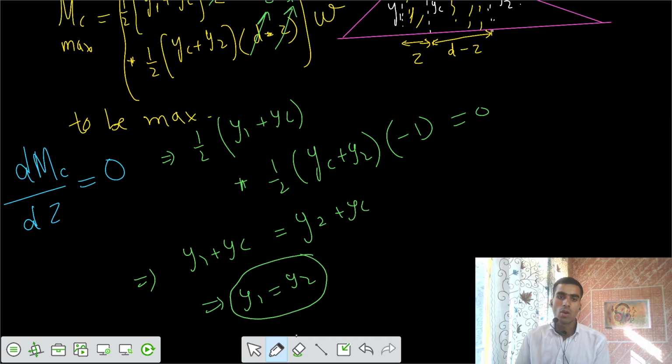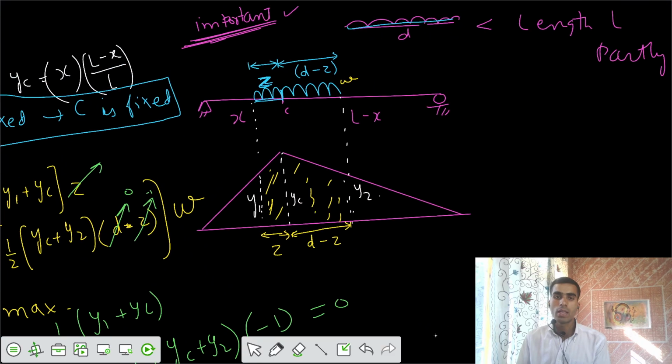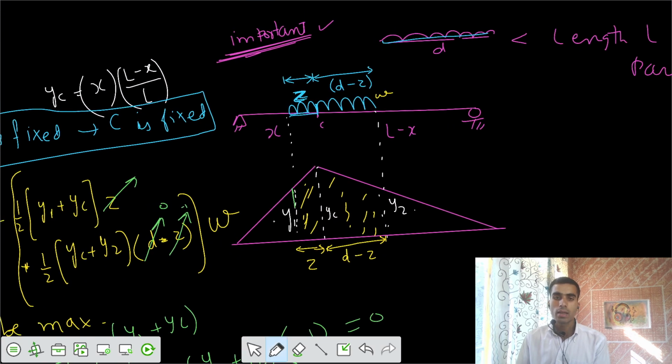So that means the value of Z is such that the ordinate at the tail and the ordinate at the head are the same.